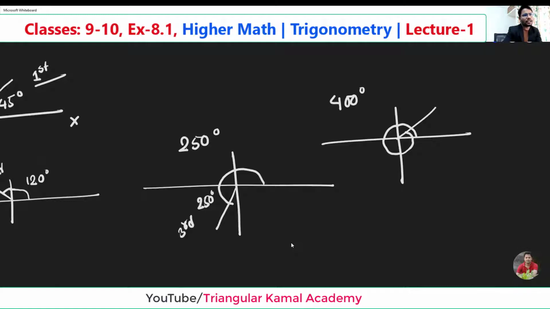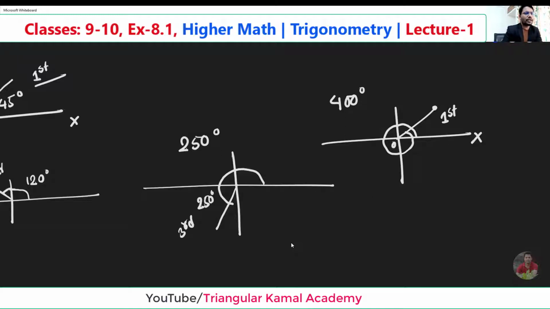So this angle started from the positive direction of the x-axis, completed the whole round, and came again to the first quadrant. This 400-degree angle lies in the first quadrant.